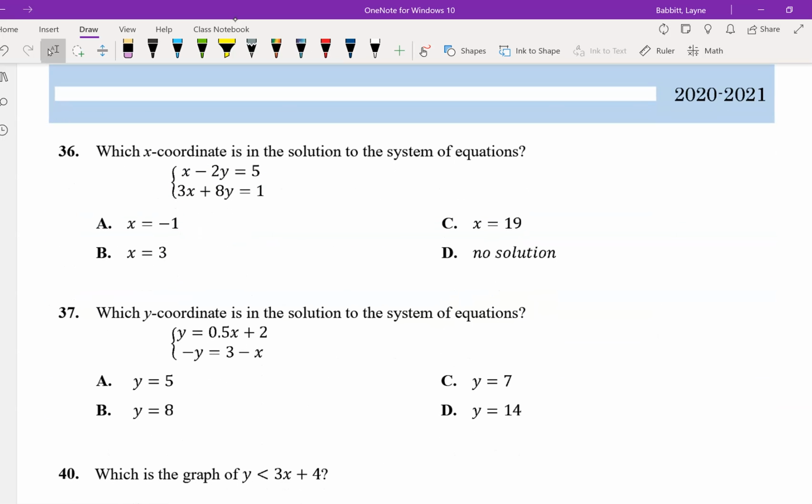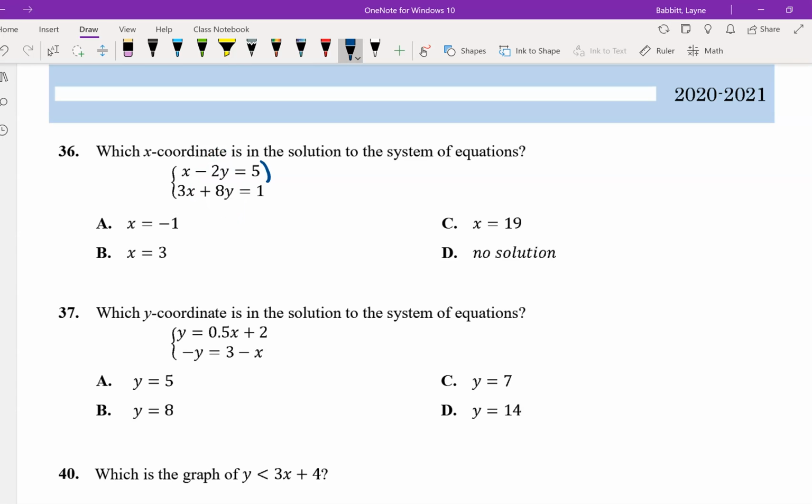Which x coordinate is in the solution for this system? To solve this, I'm either using substitution, elimination, or graphing. I'm going to use elimination because these are both in standard form. I'm going to choose to eliminate the y's first so that I can very quickly solve for x without having to find y first.